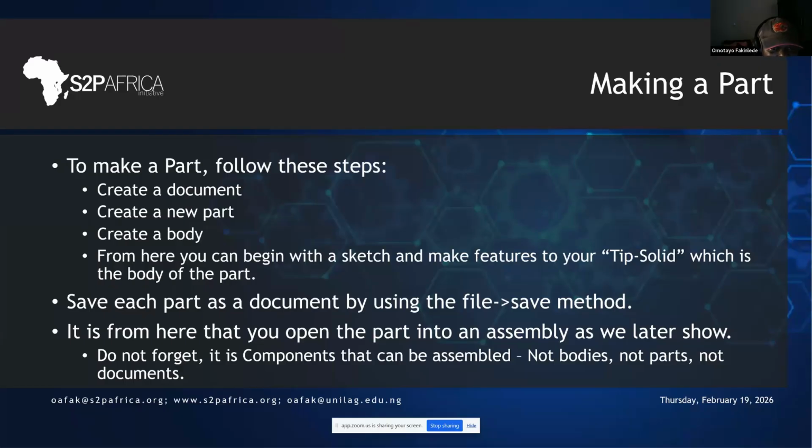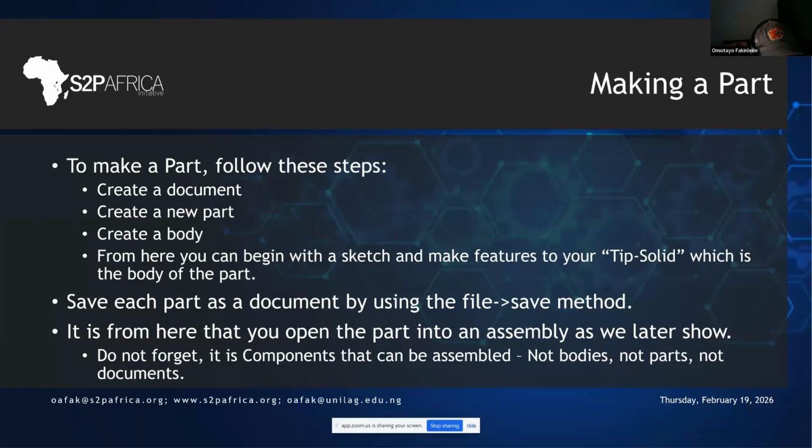So if you want to make a part, these are the steps. Starting from a free card, a completely blank free card page, you can create a new document. When you create a new document, it will give you a document without a name. You can save that document and give it a name of your choice.